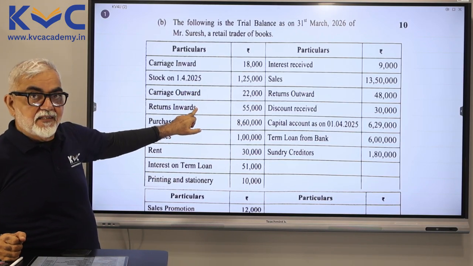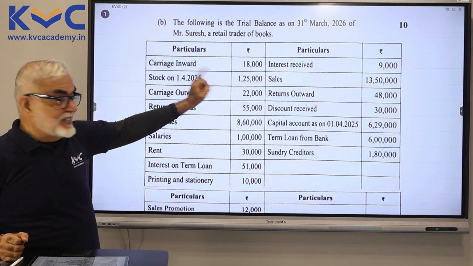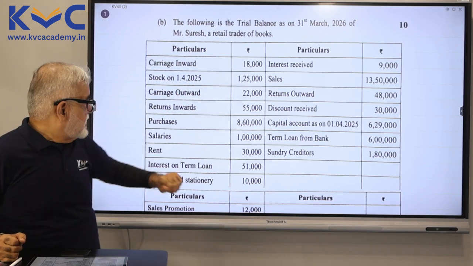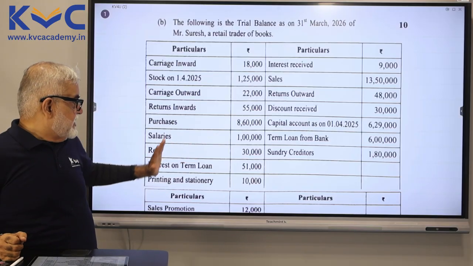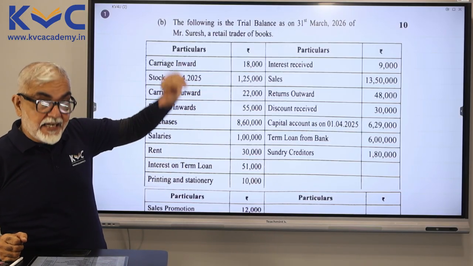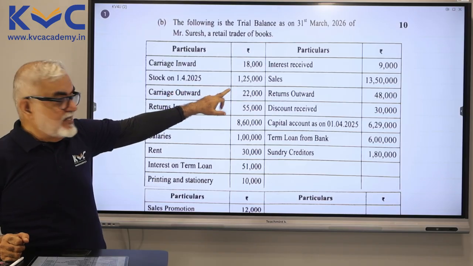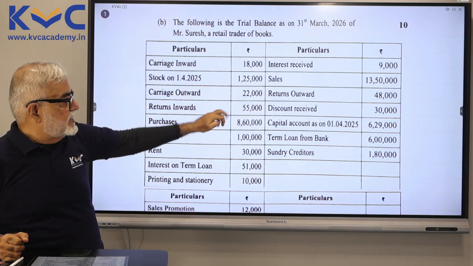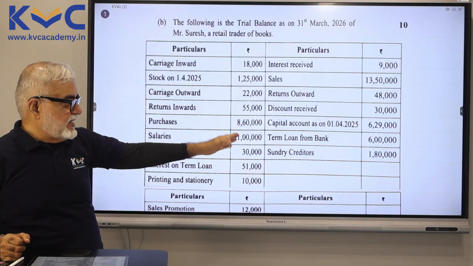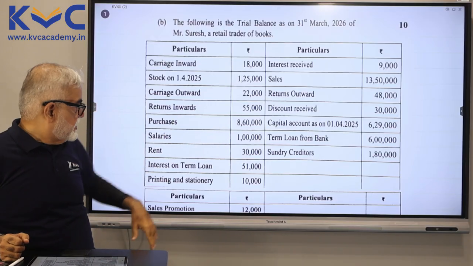Returns inwards, reduced from sales in the trading account. Purchases, less return outward, trading account. Salaries, rent will go to the P&L account. On that side, interest received credit to the P&L, sales, credit, less sales returns, discount received, credit in the P&L. Capital, balance sheet. Term loan, balance sheet. Creditors, balance sheet.